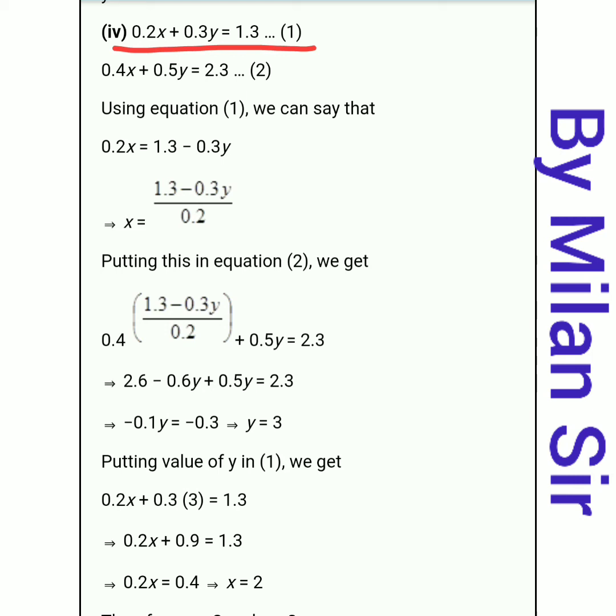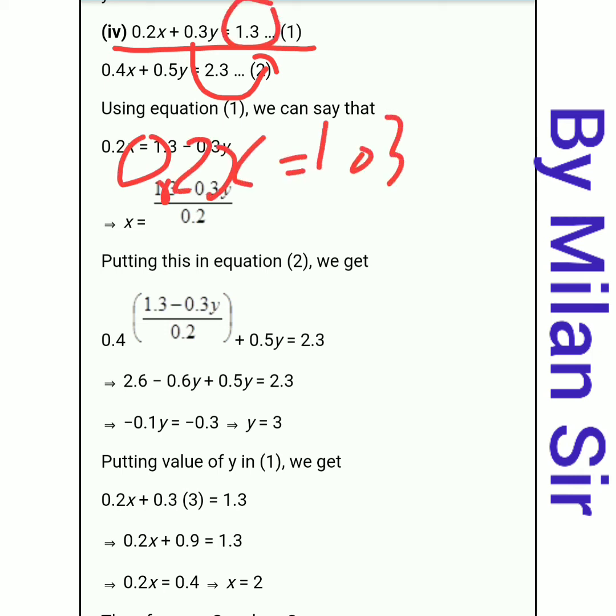Now I try to find the value of x. So I need to transfer these terms to the right hand side. So 0.2x is equal to, now 1.3 is already present. If we transfer 0.3y to the right hand side, it becomes minus 0.3y.